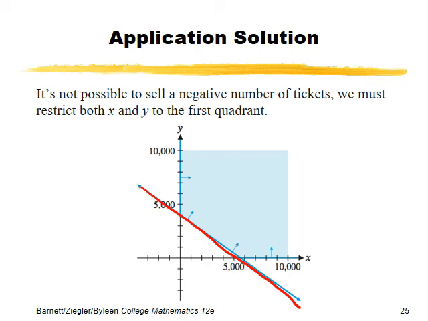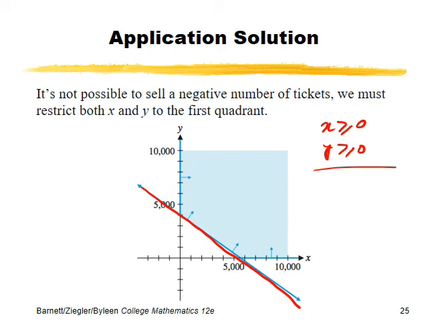And one more thing here, in the case of a real life application problem, there is another condition. We say that x is greater than or equal to 0 and y is greater than or equal to 0, meaning x is representing the number of tickets, y is representing the number of tickets, and the number of tickets cannot be negative. We cannot say that we are selling negative 10 tickets or negative 100 tickets.